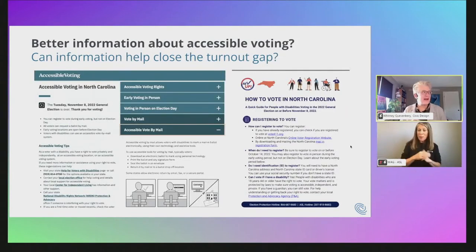And my last example is from some work we've been doing on accessible information, information about how to vote accessibly. We're doing a small research project partnering with AAPD and RevUp. We made something in 2022 that we called Accessible Voting. It was based on a site we'd done in 2020 with a team called Healthy Voting.